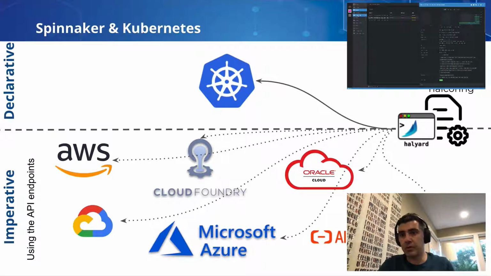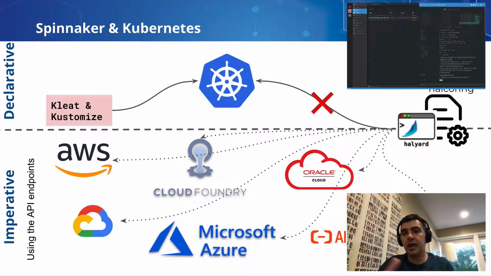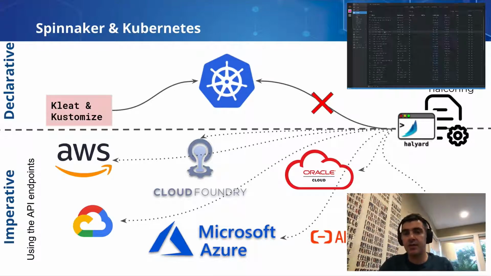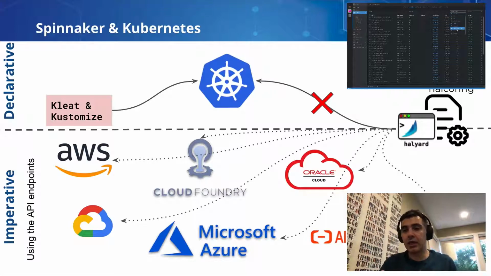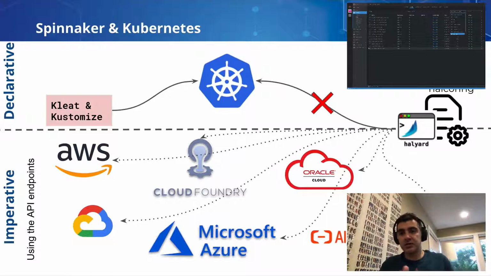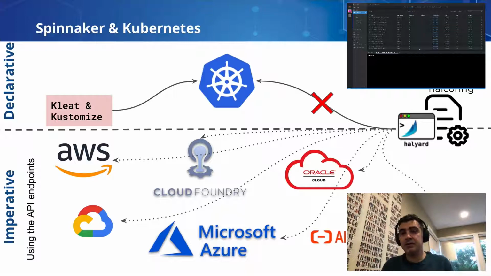Kubernetes is primarily a declarative system. You define the end state of your software, and then you get what you want from the platform by providing it the specifications. So for the users of Spinnaker, or for the users of Kubernetes, when they came to deploy Spinnaker, there was a disconnect of understanding between how they would interact with Halyard and how the Kubernetes skills that they had would allow them to get Spinnaker up and running.